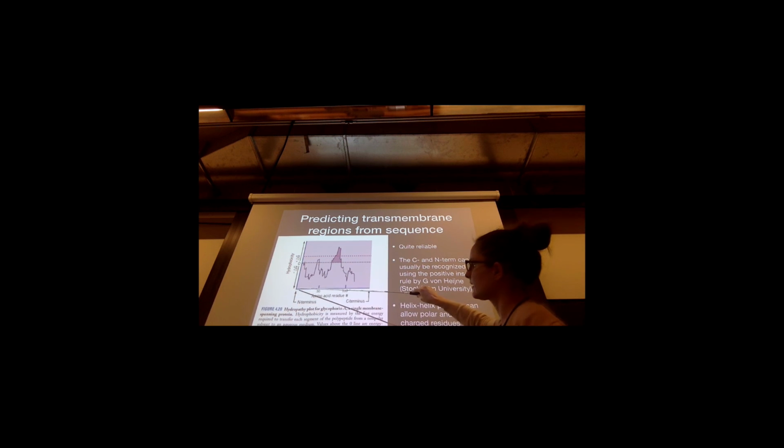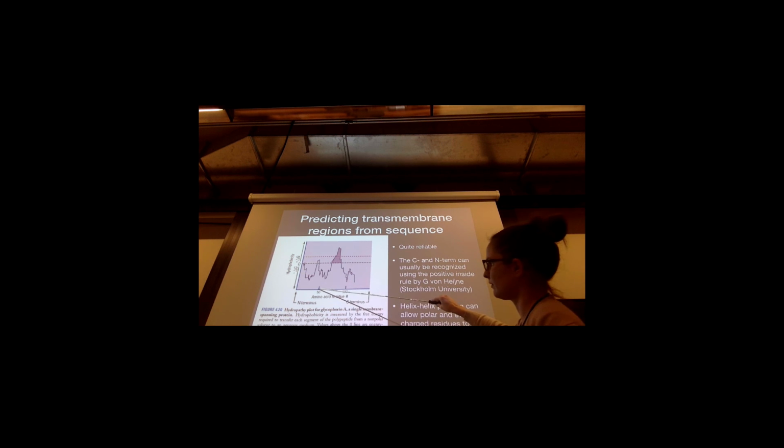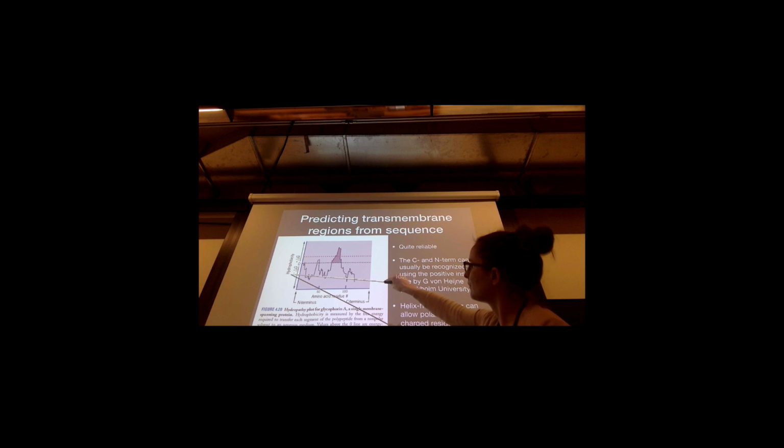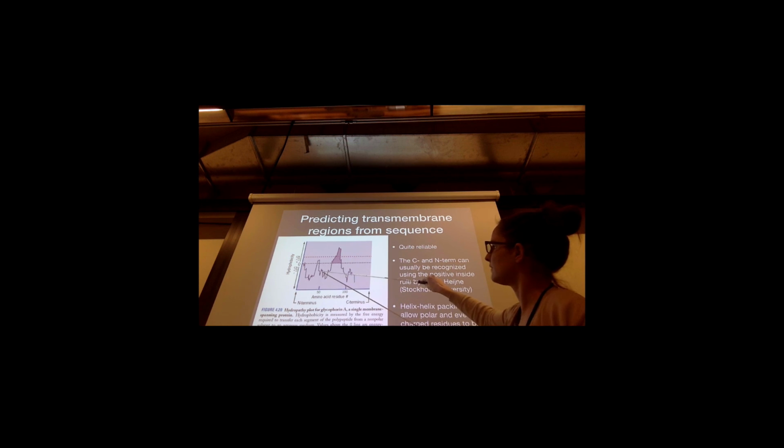And on this axis, you have the hydrophobicity of a short stretch of amino acids centered around the residue. So for example, for residue 50 here, you have a hydrophobicity of minus, I don't know how much. And that corresponds to the hydrophobicity of the stretch that is around amino acid 50. And you kind of do this for all the amino acids.